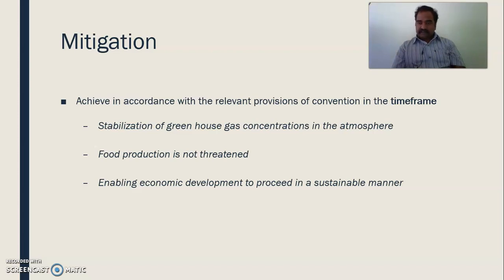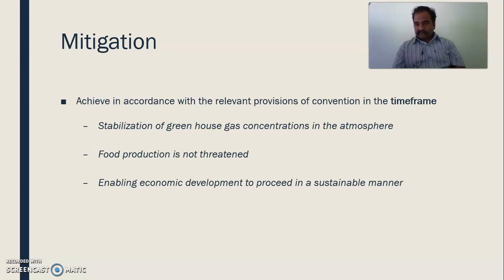The second concern is, as we have already discussed, the food production will decrease if the temperatures go on increasing because of lower water availability. So make sure that the food production is not threatened. And you are supposed to make sure that the economic development will be progressing in a sustainable manner.